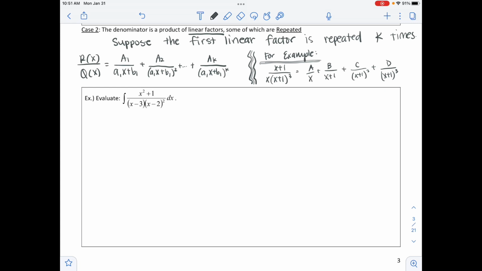So I'm going to rewrite this like what we did in case 1 and case 2. And so it's already factored for me, which is really great. And so this will be the integral of a over x minus 3, since that only occurs once, plus b over x minus 2, plus c over x minus 2 squared, since it occurs a second time, and then dx.